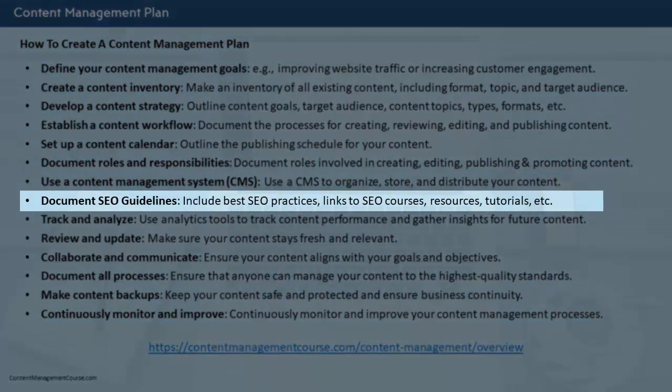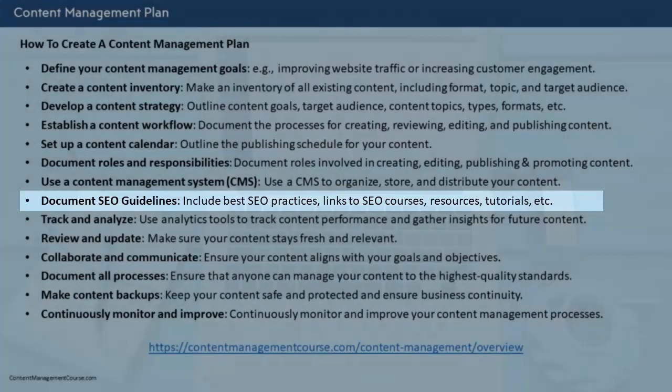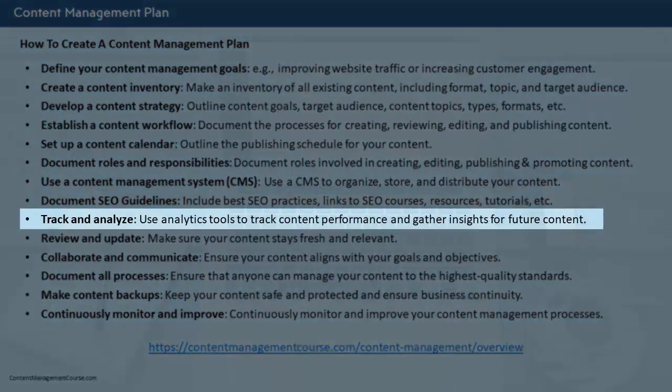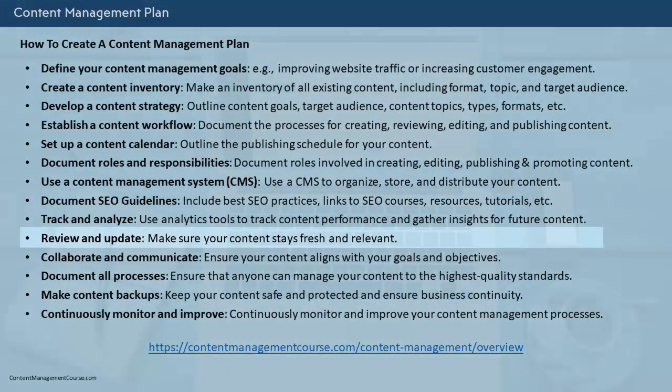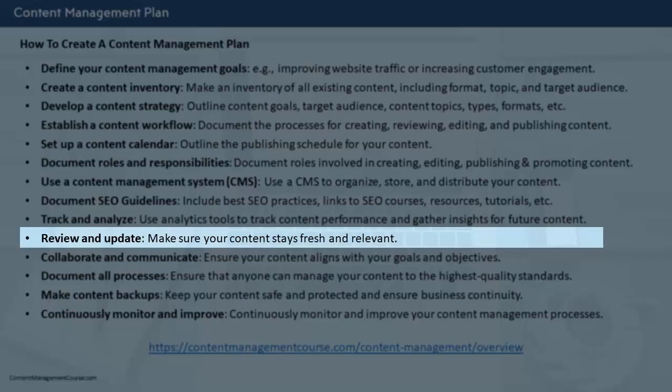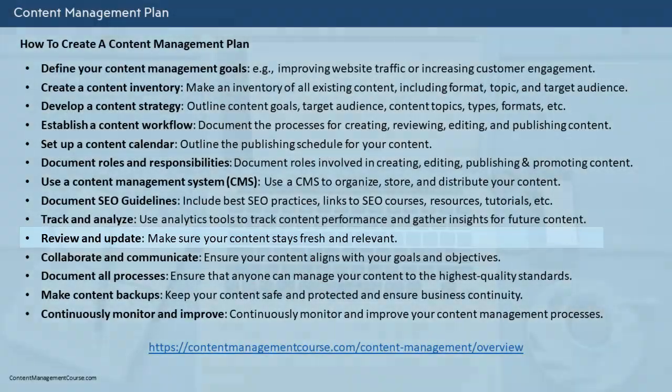Document your SEO guidelines. Include best SEO practices, link to SEO courses, resources, tutorials, etc. Use analytics tools to track and analyze your content performance and gather insights for future content. Review and update to make sure your content stays fresh and relevant.